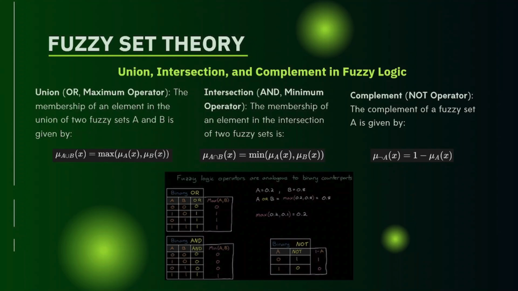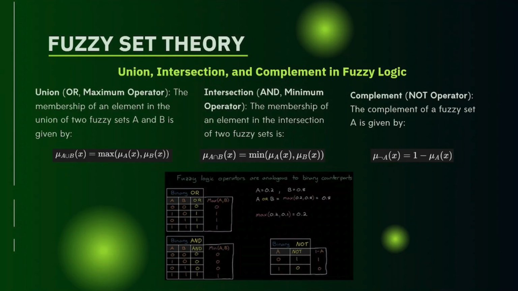The same applies for the complement also, which is the NOT operator in the binary system. Now it won't be the NOT, because NOT doesn't make any sense for a number ranging between 0 and 1. We can't say a NOT 0.5. What is a NOT 0.5? We have no idea what NOT 0.5 is.